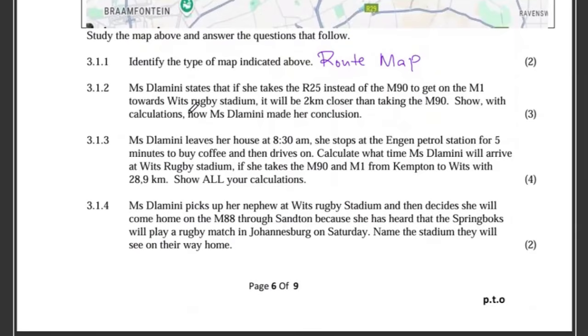Mrs. Lamini states that if she takes the R25 instead of the M90 to get to the M1 towards the Wits Rugby Stadium, it will be 2 kilometers closer than the M90. Show with calculations how Mrs. Lamini made her conclusion.